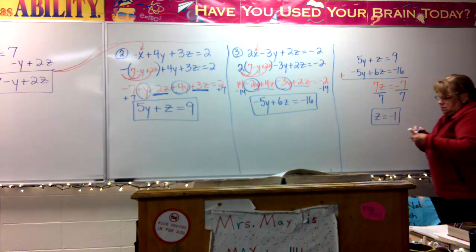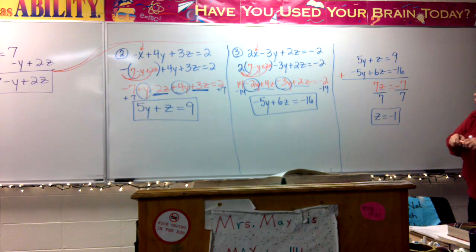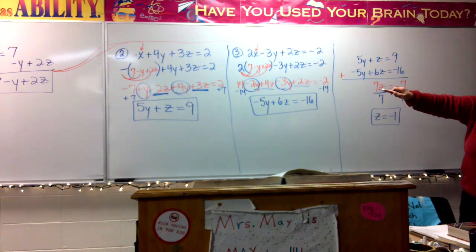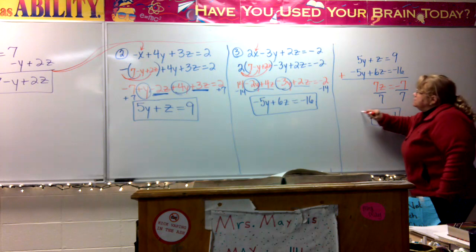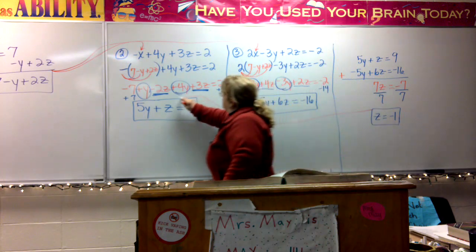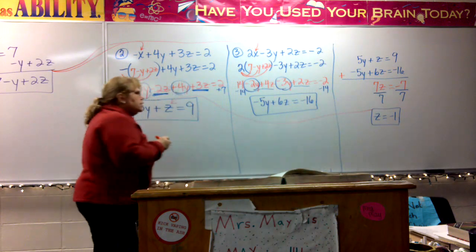Now what? Now we have to plug z in? Yeah. And you have to go back a little bit at a time. You can't go back to the very beginning. You have too many variables. So I probably would plug it into this one right there.